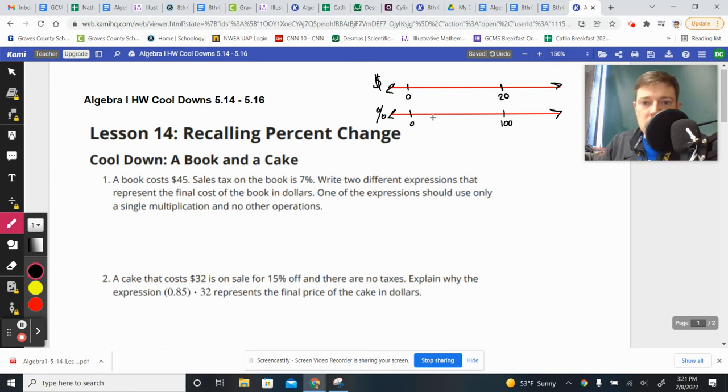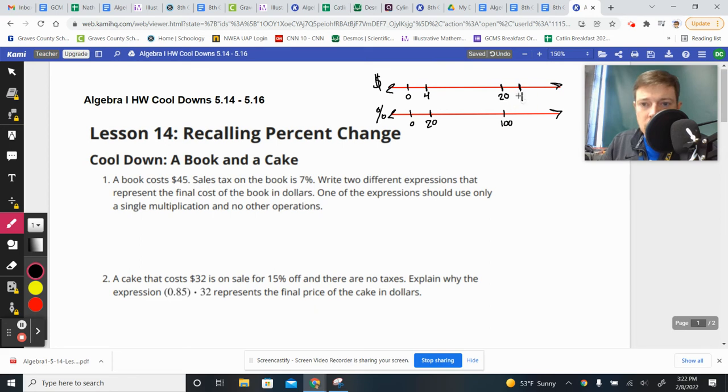One idea is to find what 20% of $20 is, and that would be 4, because we're breaking this down into fifths: 20, 40, 60, 80, 100. So we divide 20 by 5 to get 4, and then add 4 to the $20 to get 24.